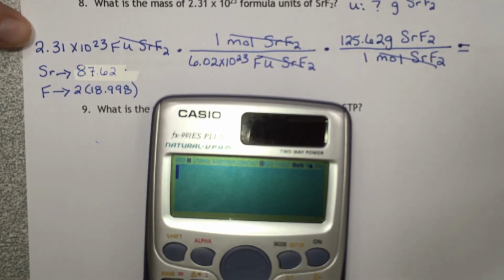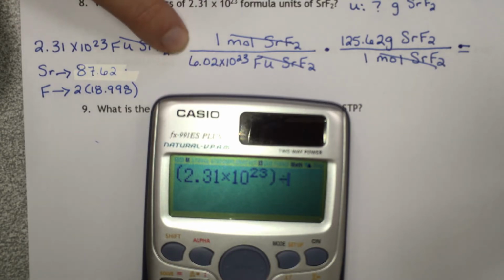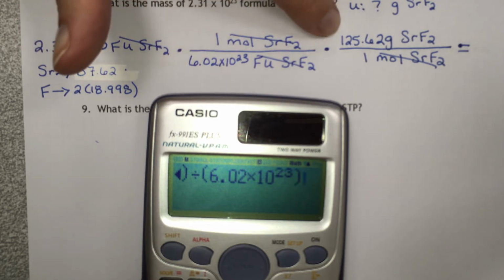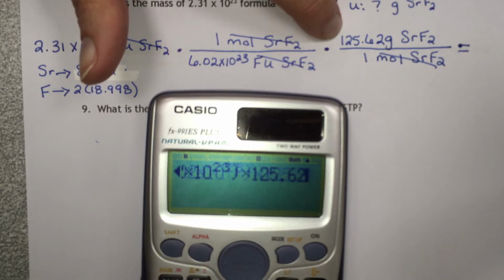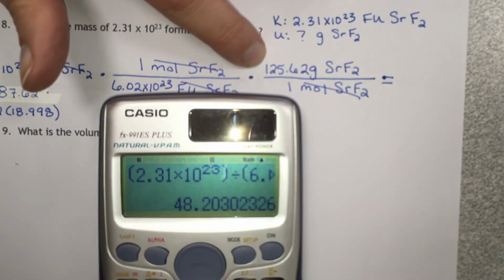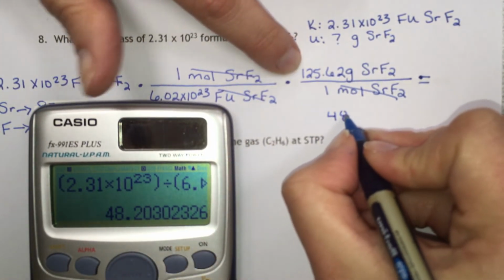So we have 2.31 times 10 to the 23rd divided by 6.02 times 10 to the 23rd times 125.62, and the answer is 48.